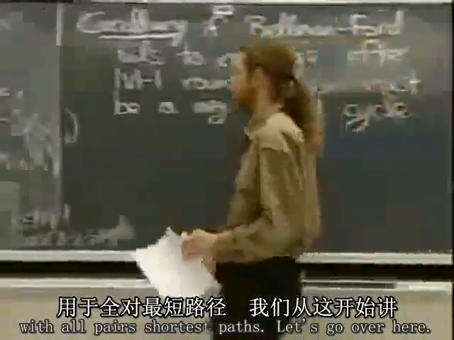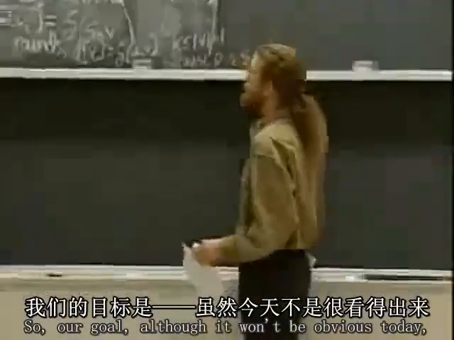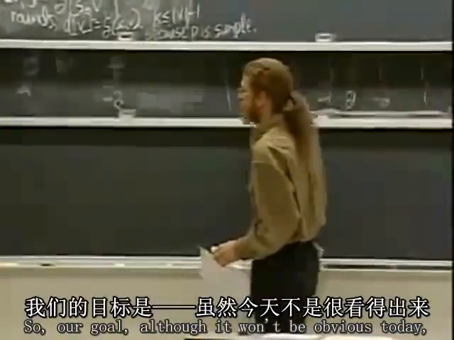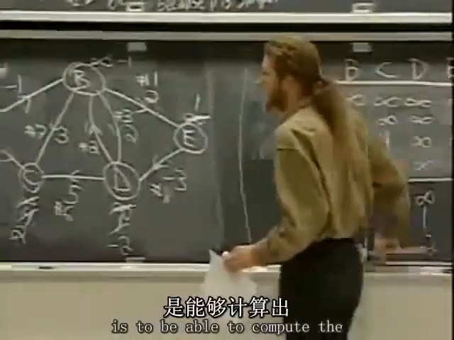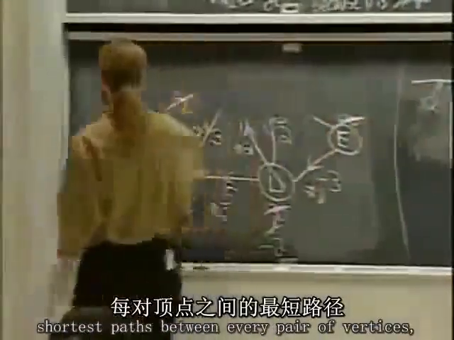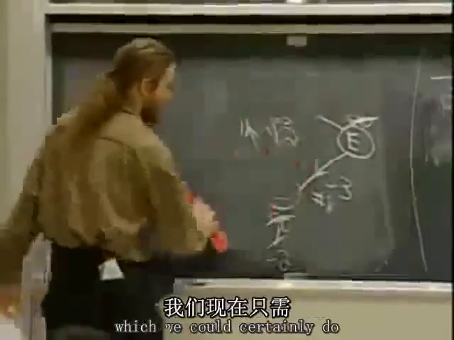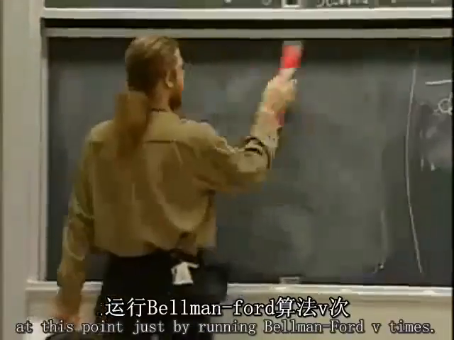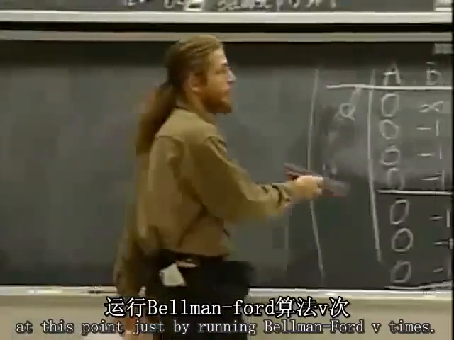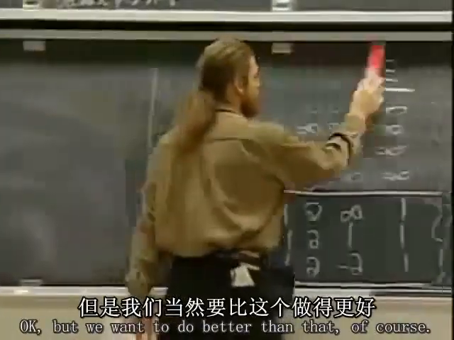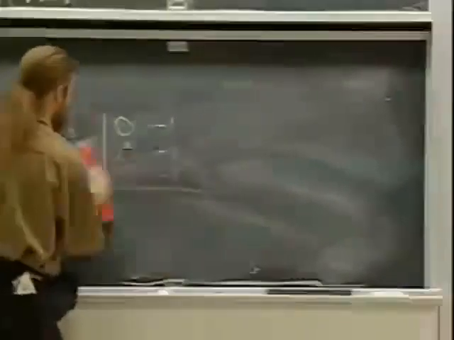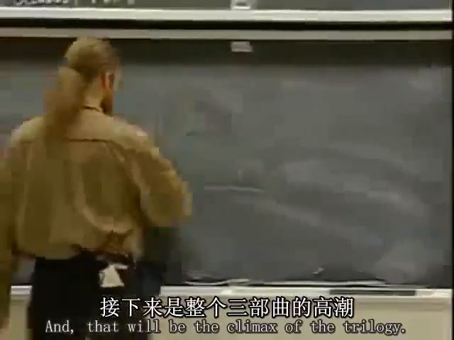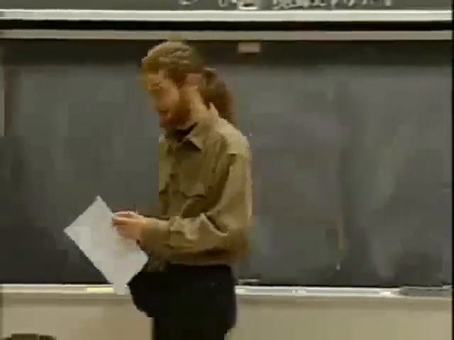Okay, but let's go over here. So our goal, although it won't be obvious today, is to be able to compute the shortest paths between every pair of vertices, which we could certainly do at this point just by running Bellman-Ford v times. Okay, but we want to do better than that, of course. And that will be the climax of the trilogy.